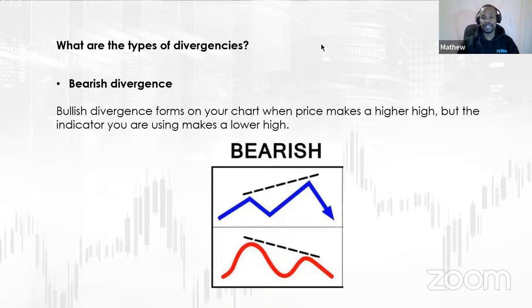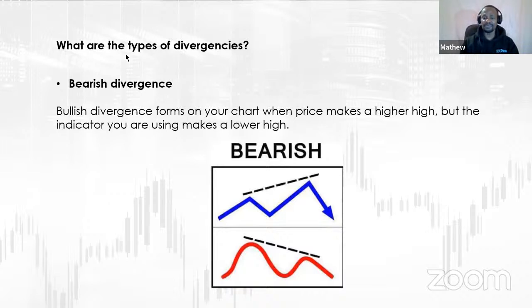Here, what we're seeing is a case where the price is pushing higher and higher. It's showing the bullish strength. But when you look at the oscillator, which most of the time will indicate the strength or the momentum in the market, it's showing decreasing momentum.